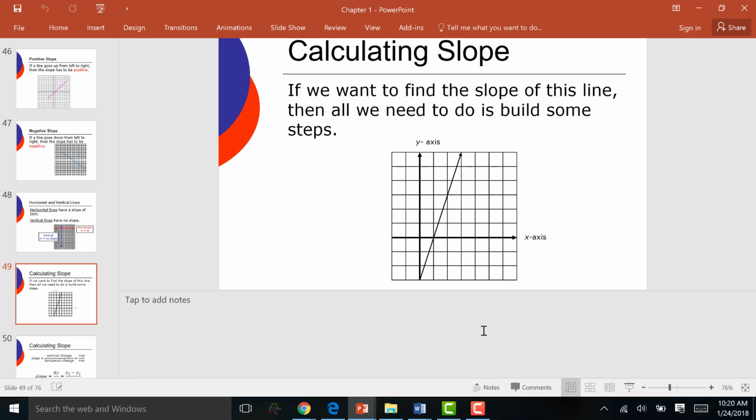Now, did I have to pick those 2 points that I dotted? No, I could have picked any 2 points as long as it lands exactly on a good number that you can tell what the number is. So here's what I mean when I say that. Could I have picked, for example, let me erase the points that I picked. Could I actually have picked this point right here?